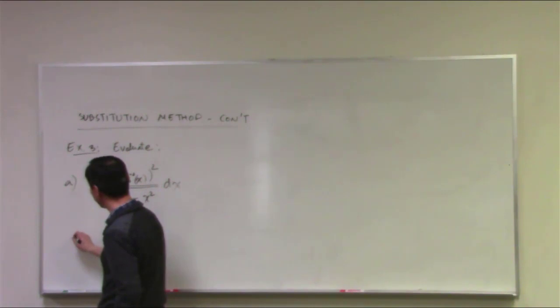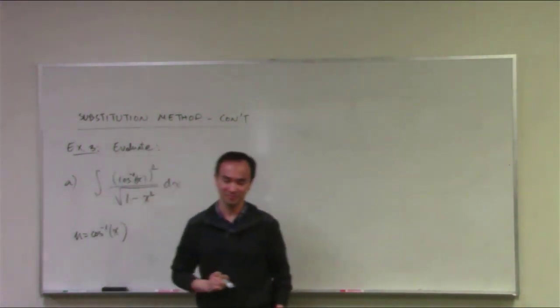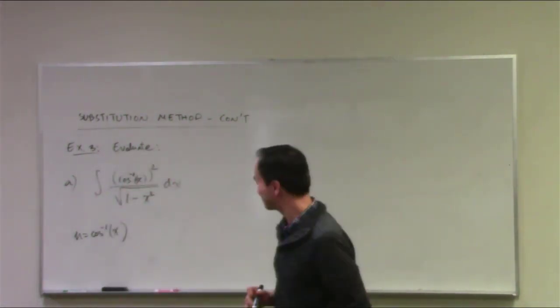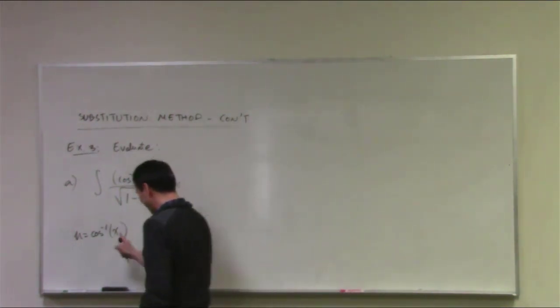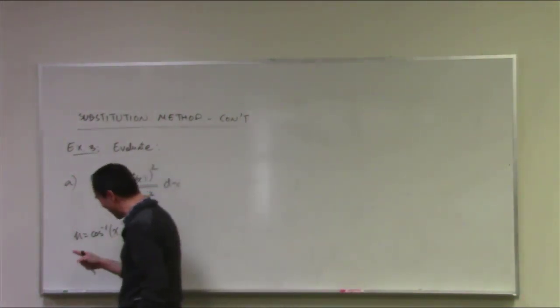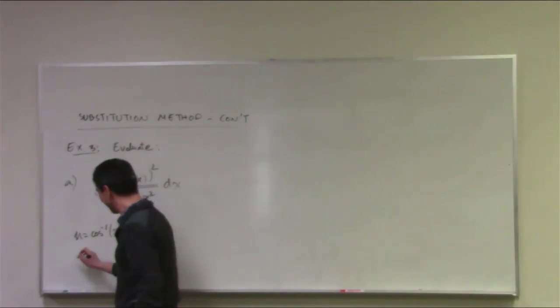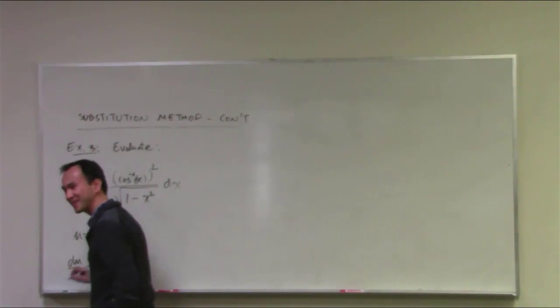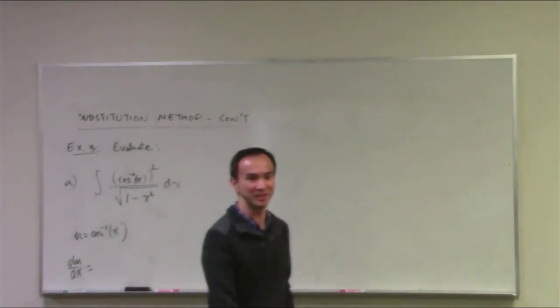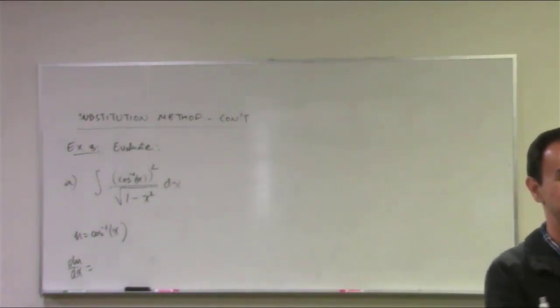Why don't you substitute u with cosine inverse of x here? Okay? Cosine inverse of x. But now doing this substitution, you have to bring back your Calc 1 understanding: what's the derivative for cosine inverse? That's the Calc 1 material right there, that we need to look back at a little bit.